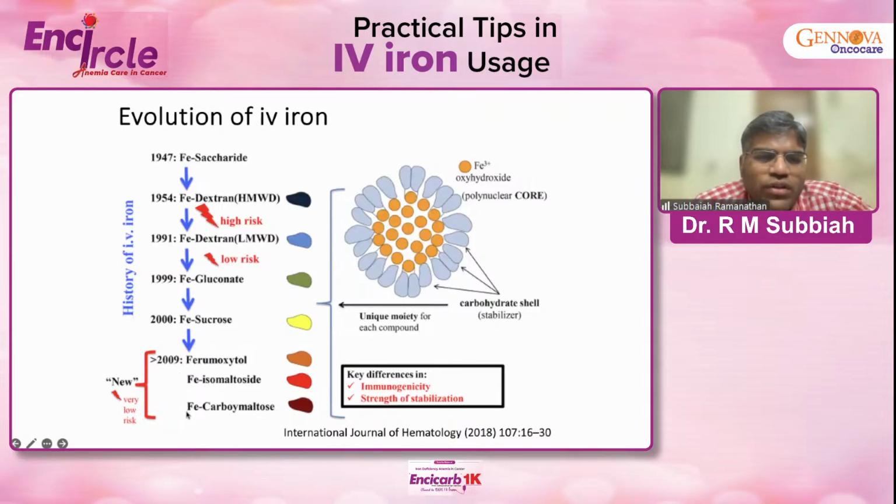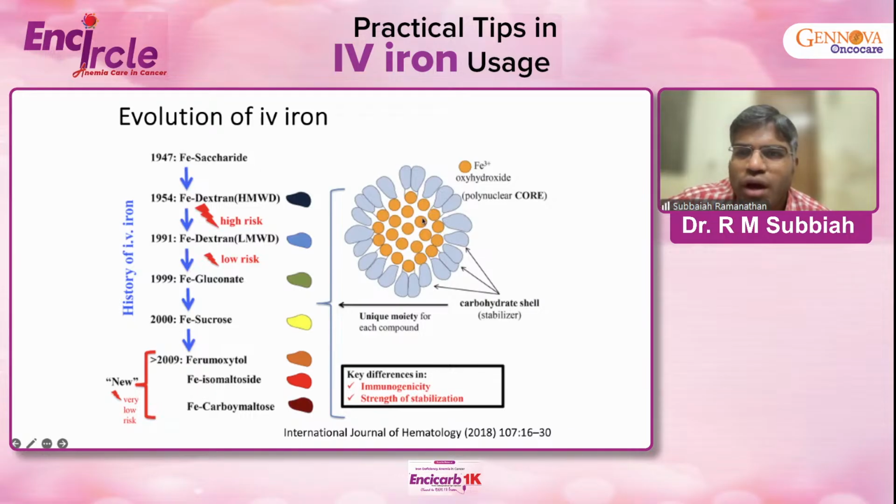And now we have these newer formulations: ferumoxytol, isomaltoside, and carboxymaltose. These three are widely used, and in our setup, after iron sucrose, it's mostly carboxymaltose and isomaltoside.